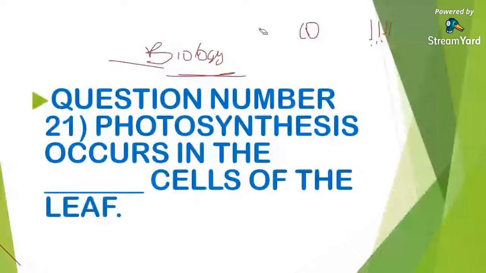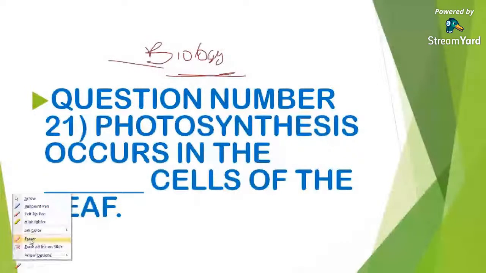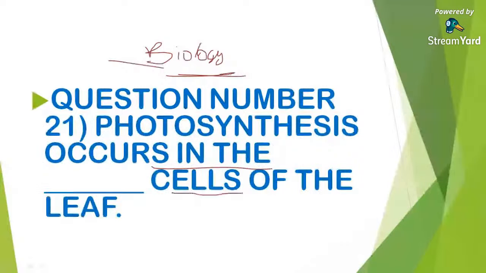Okay, so now let's discuss the answer of question number 21. Photosynthesis occurs in the dash cells of the leaf. Yes. So in the leaf, which cell is present in which photosynthesis occurs?